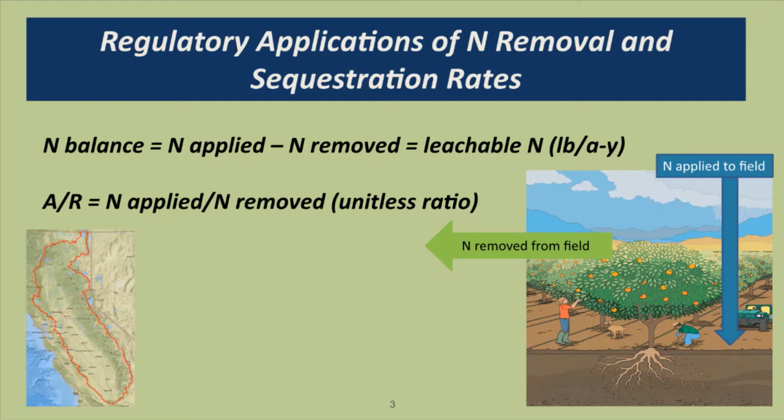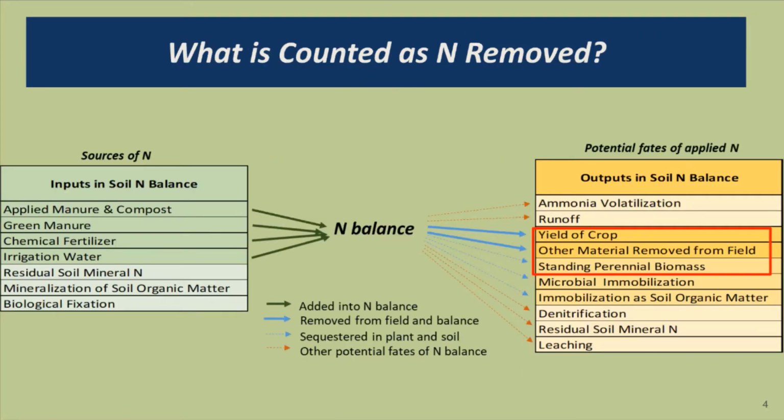So these are kind of the ways that it's used on the regulatory side. It's formulated in these ways. So what's counted as N removal among all the sources of N that exist?